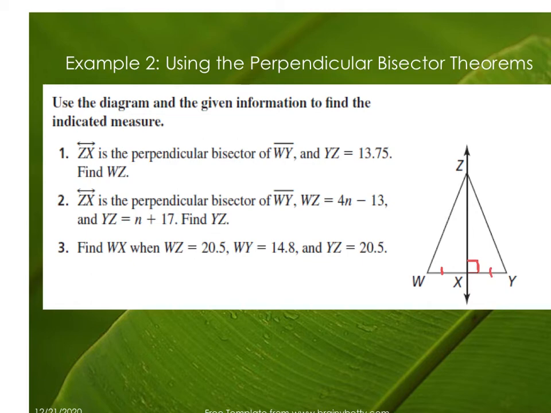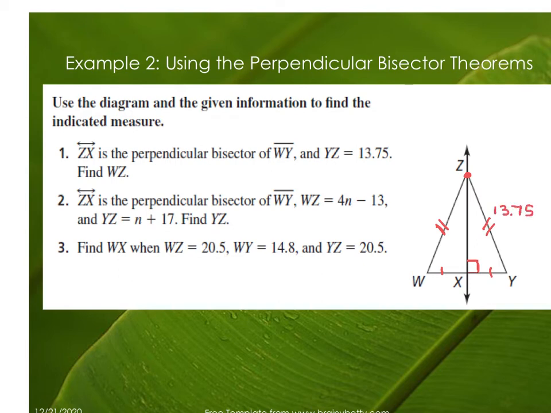I also know by the perpendicular bisector theorem that if there is a point located on the perpendicular bisector, which is point Z, then it's going to be equidistant to the endpoints. So WZ is equidistant to ZY. They gave me the measurement of YZ, which is 13.75.